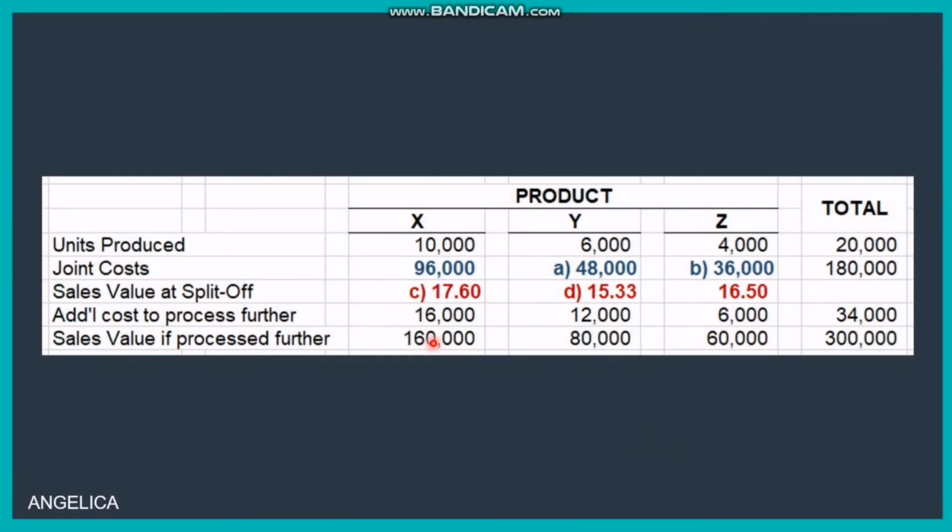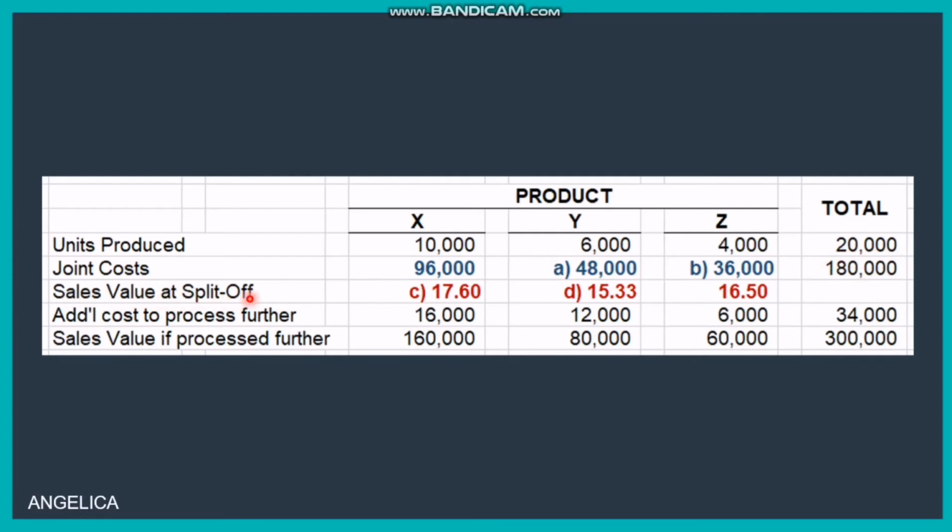To fill up the given problem above, we have the units produced of products X, Y, and Z of 10,000, 6,000, and 4,000, with a total of 20,000 units produced. Its joint costs, like what we've done previously, we have 96,000 pesos for product X, 48,000 pesos for product Y, and 36,000 pesos for product Z, with an overall joint cost of 180,000 pesos.